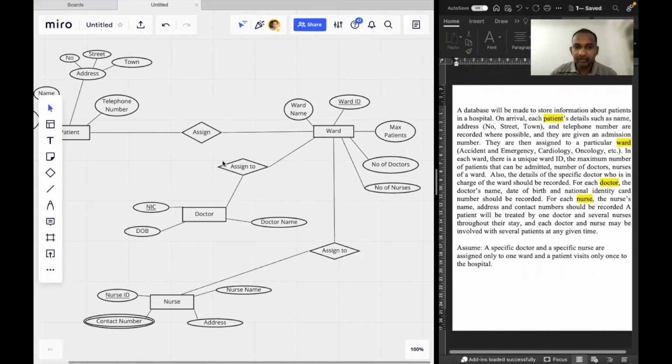Okay, now when you are drawing this relationship between the ward and the doctor, that a doctor is assigned to a particular ward, we can get the information on who the doctors assigned to that ward are. Assume that there are 7 doctors. Who the 7 doctors are can be found from this relationship.